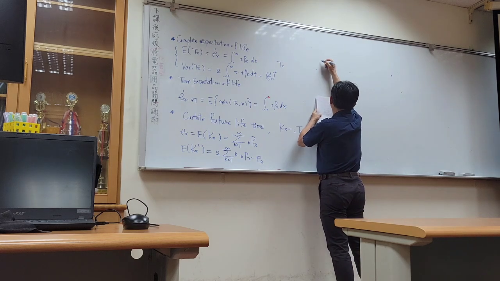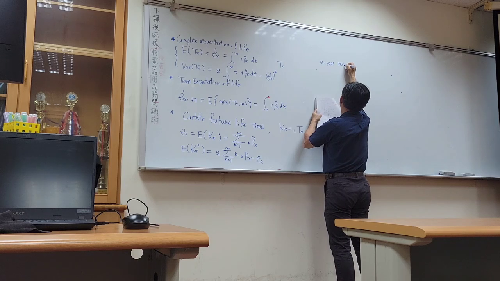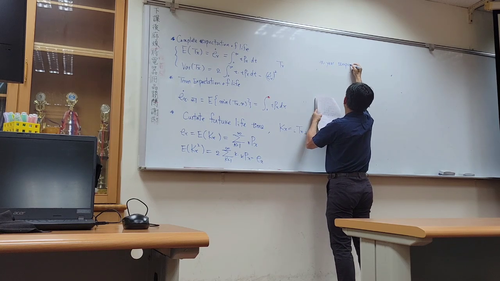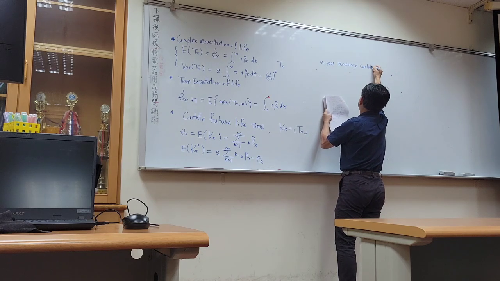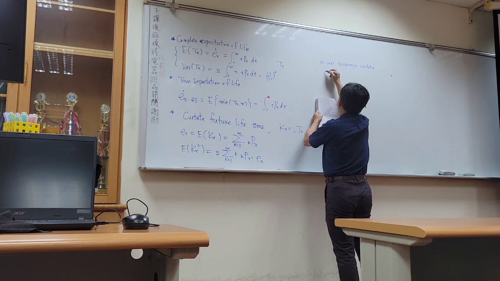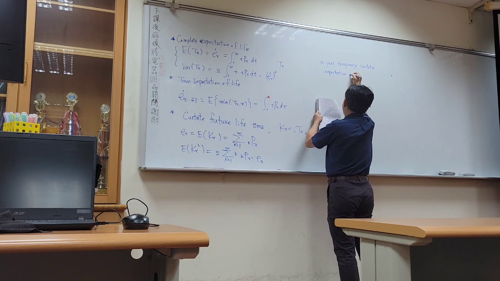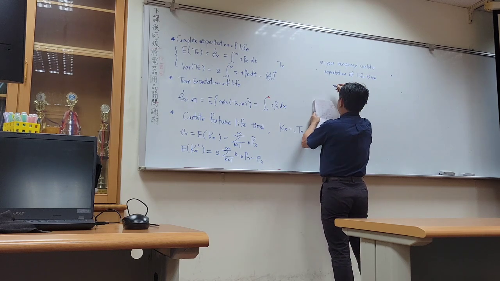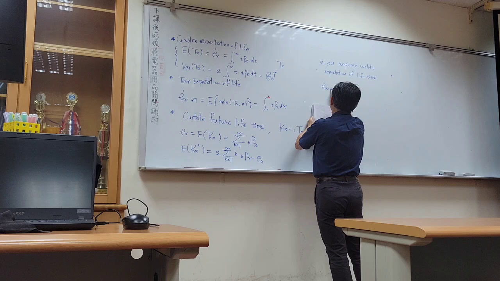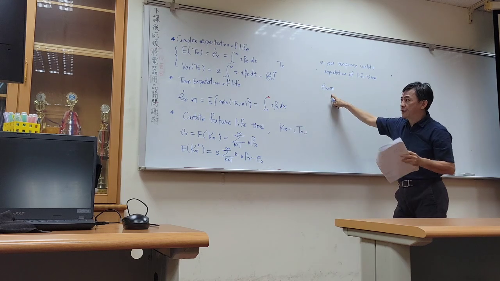We also have an n-year temporary curtate expectation of lifetime, because we have terms of years.